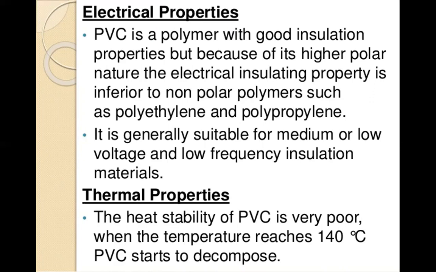this polyvinyl chloride, if it is treated with heat, the stability is very poor. That means it is unstable to heat. When the temperature reaches up to 140 degrees centigrade, this polyvinyl chloride starts decomposing and converts into vinyl chloride monomers.